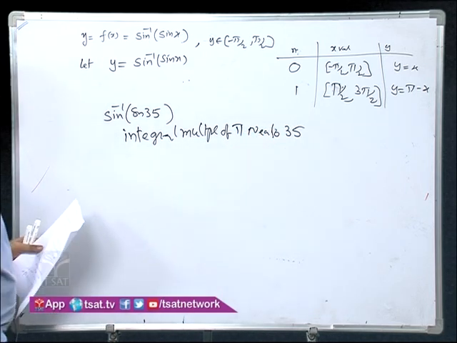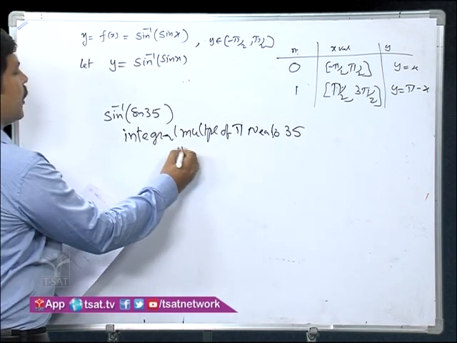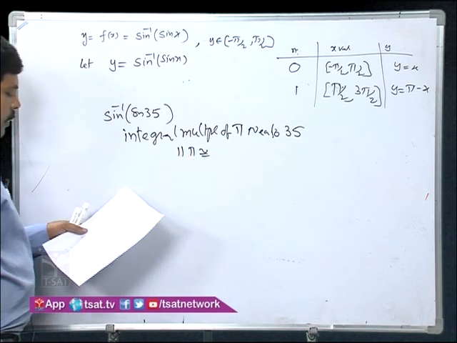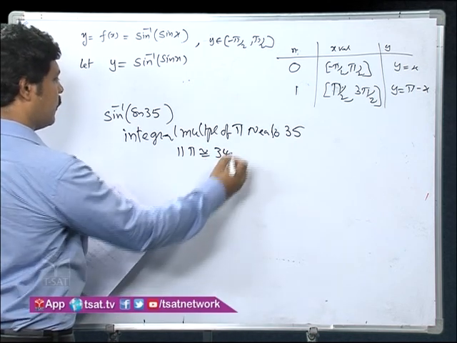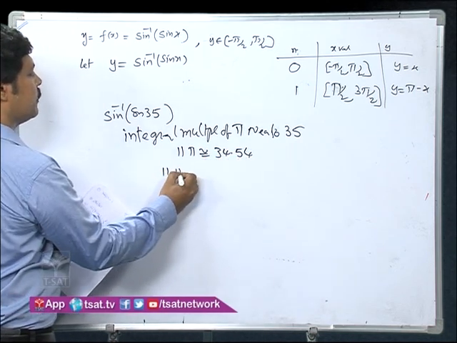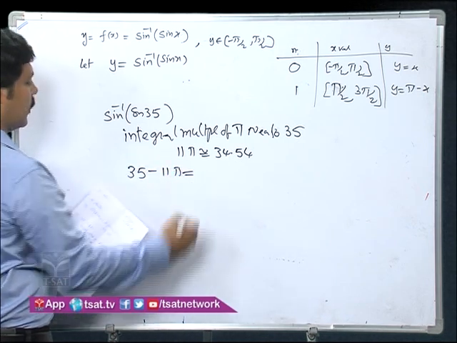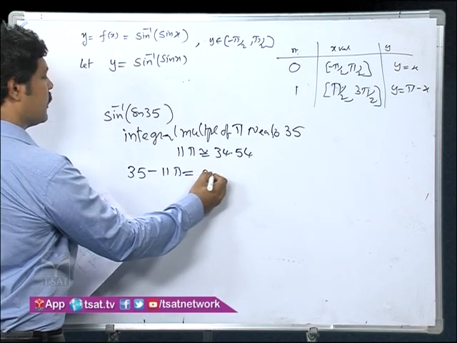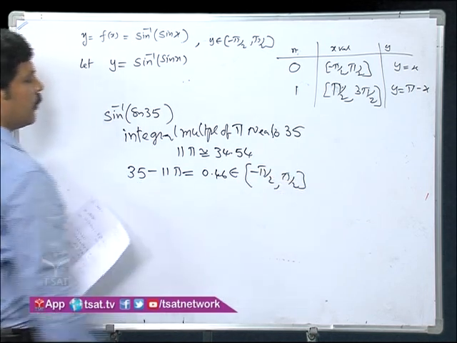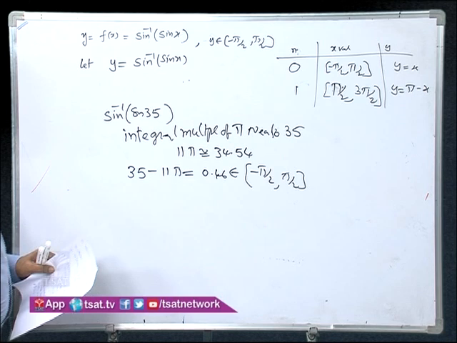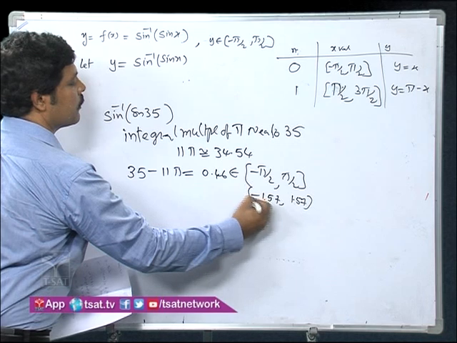That is maybe 3.14 into some value, 11 pi. 11 pi is approximately equal to 34.54. 35 minus 11 pi is equal to 0.46, which belongs to minus pi by 2 to pi by 2. Okay, therefore this is the principal interval, that is minus 1.57 to 1.57 approximately.